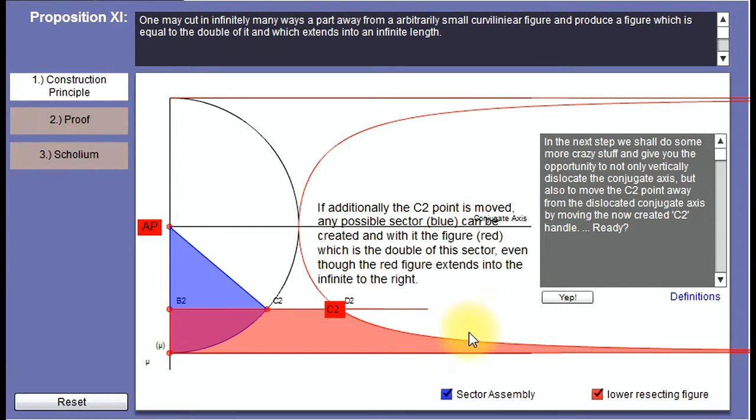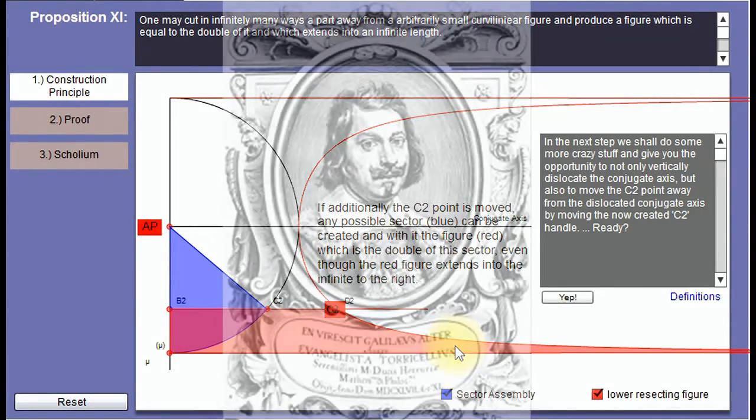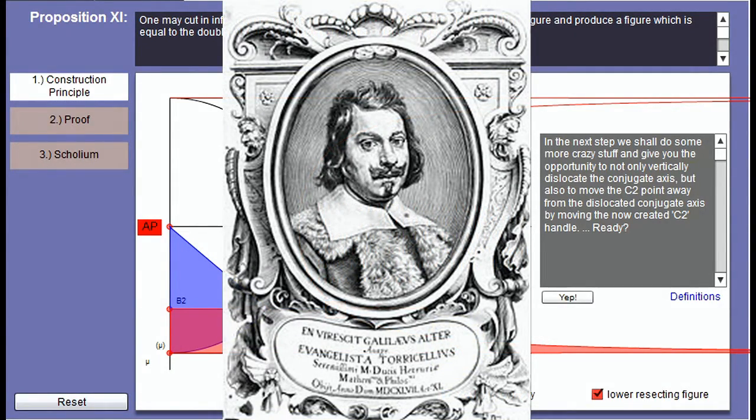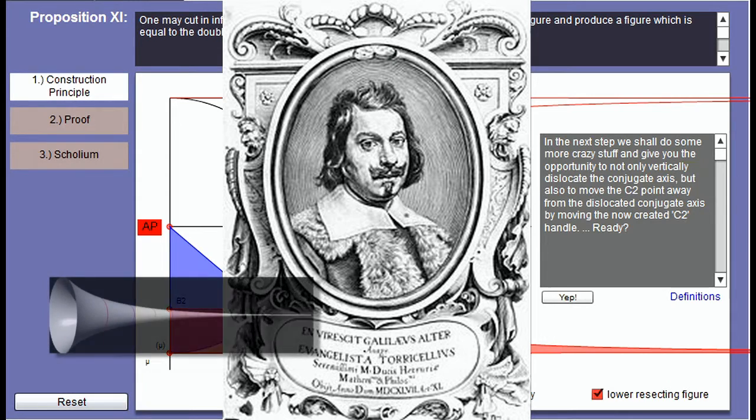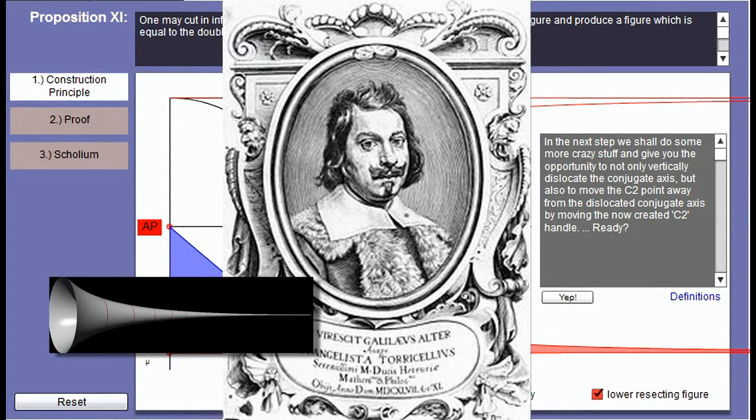And this type of problem of a curve extending or converging toward an asymptote into the very infinite was also dealt with before by a guy named Evangelista Torricelli, who actually dealt with a rotational body of the hyperbola.